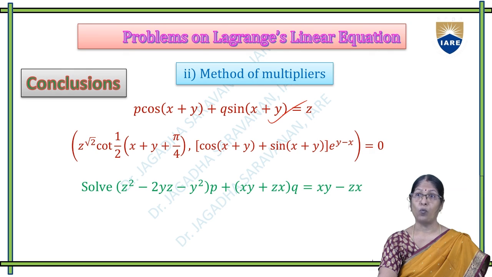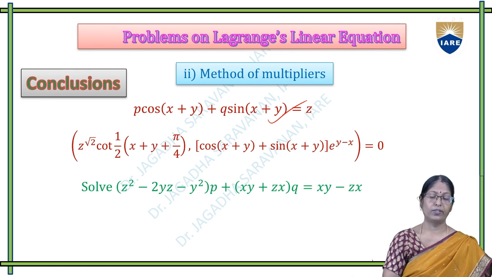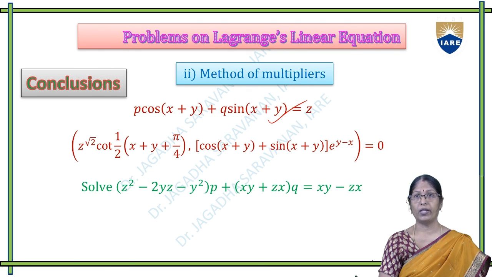Then we solved one more problem under method of multipliers, that is z square minus 2yz minus y square of p plus xy plus zx of q, which is equal to xy minus zx.